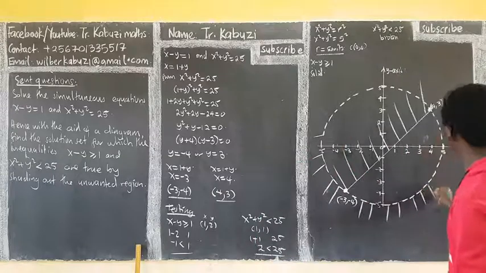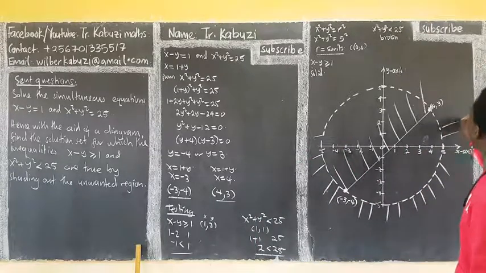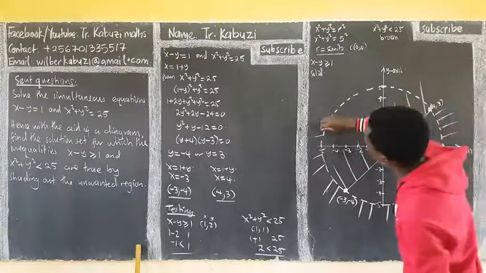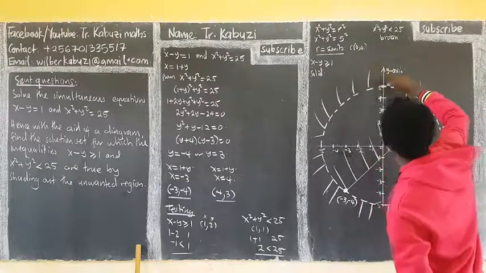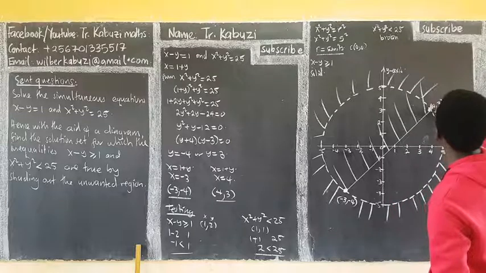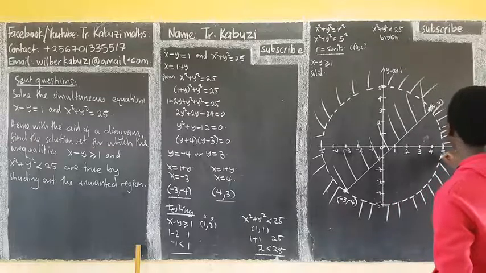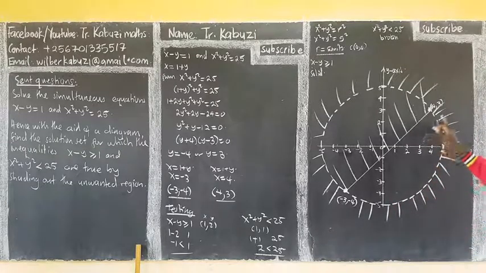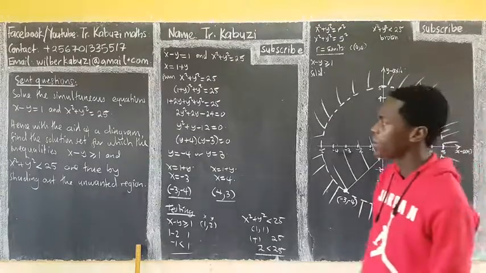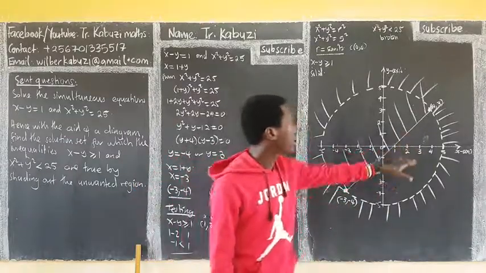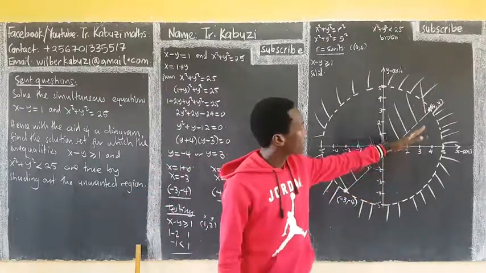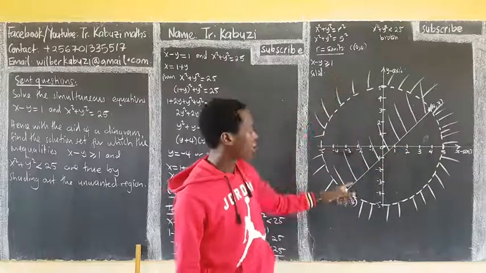So I'm shading it like this, outside, because that's where I never got that point. So this is the outside. Now I think you can see this is going to be our wanted region. Shading the unwanted region, this one becomes the wanted region only because this one is unwanted based on the line.